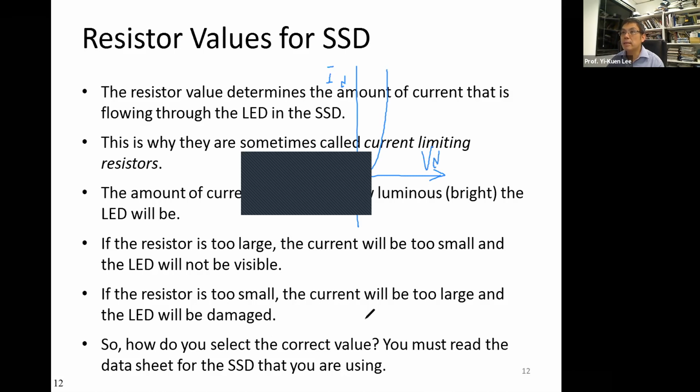Basically, this is a data sheet of a 7-segment LED display. You have 5611A and B. What does it mean? In the Arduino kit, we have this code 5611A, common cathode, you see? And 5611B is common anode. So this can tell you one thing.